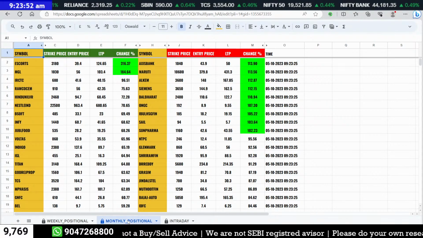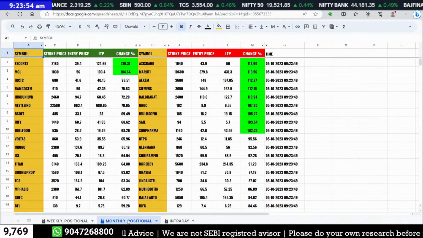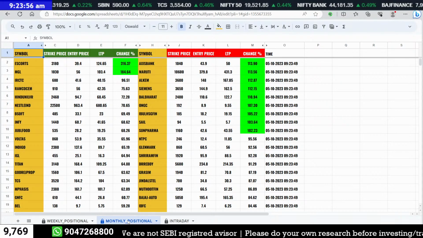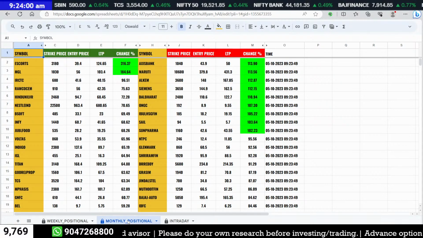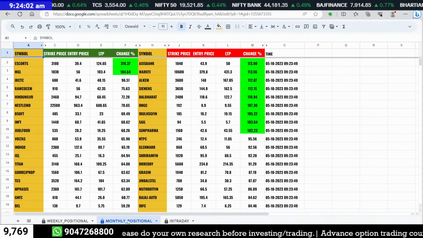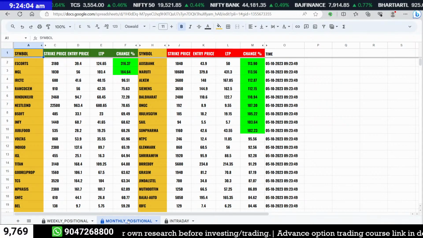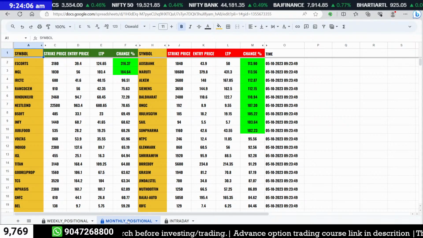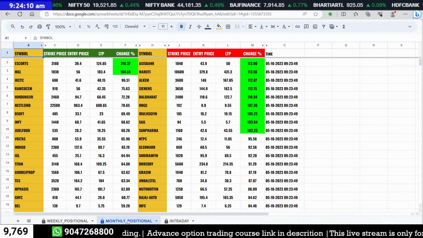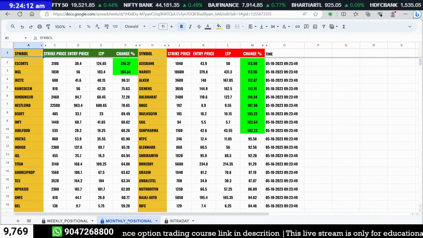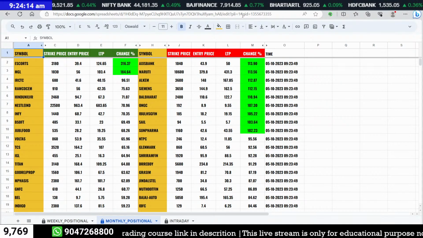And Hindustan Unilever is so far away. So only a few stocks are nearing the top. It's about IRCTC in monthly positional. We should wait, and if we get any good opportunity, then we can go.